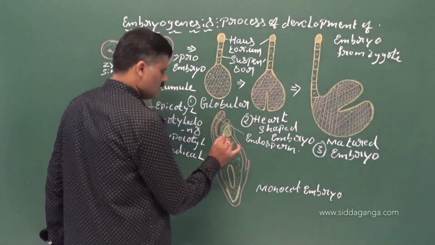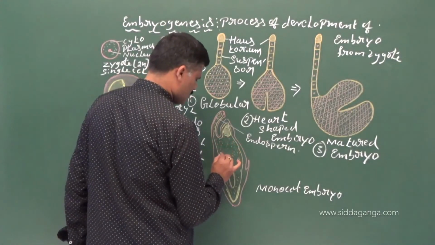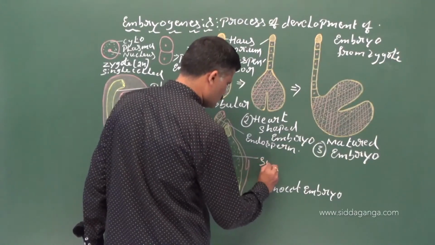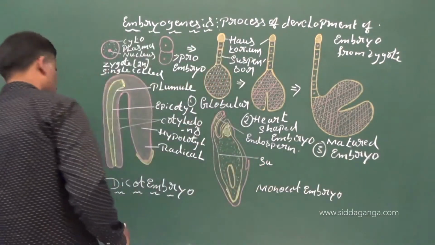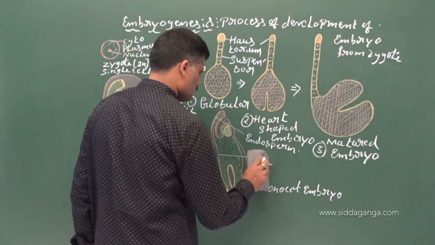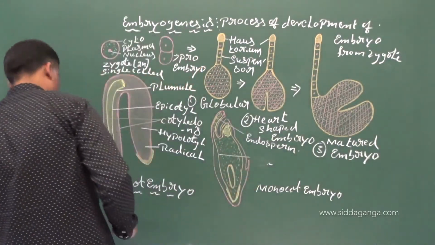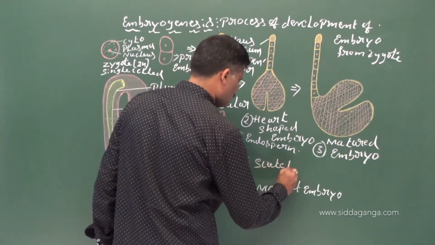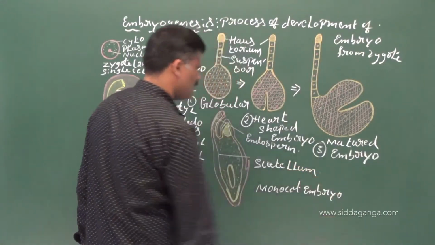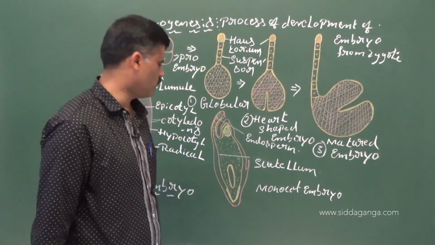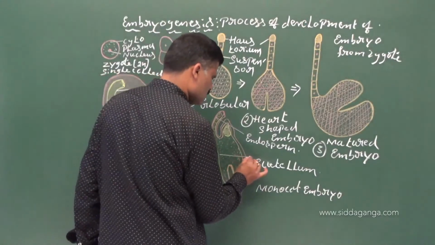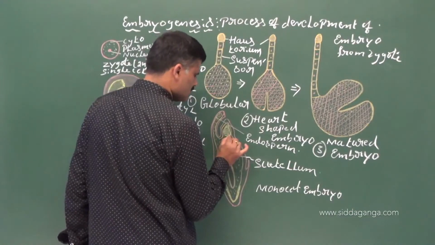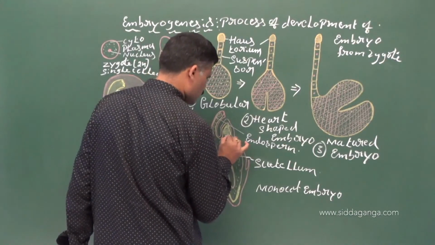Okay. Then the single cotyledon is called scutellum. Scutellum is the single cotyledon of monocots. Then the upper part of the embryonic axis is called the plumule.